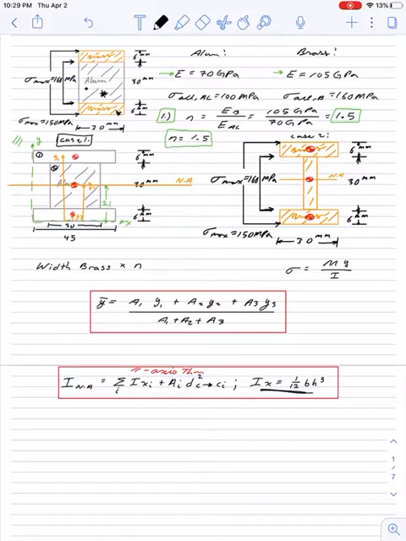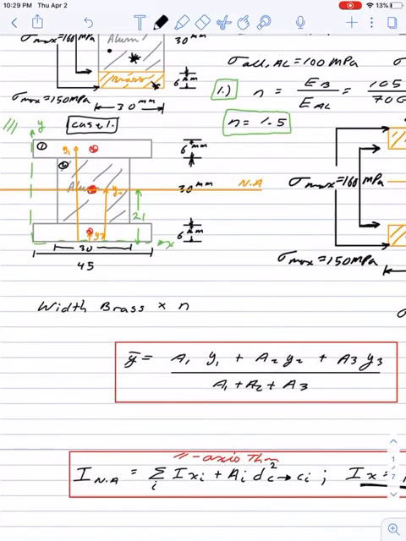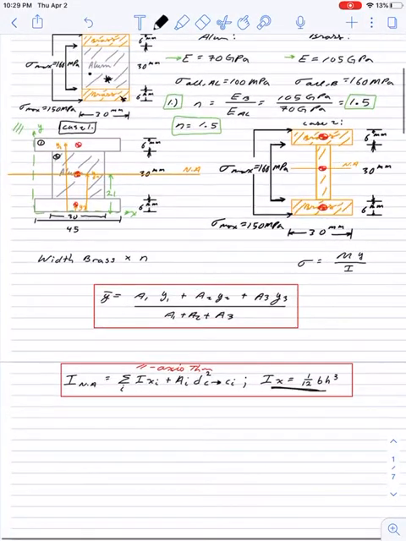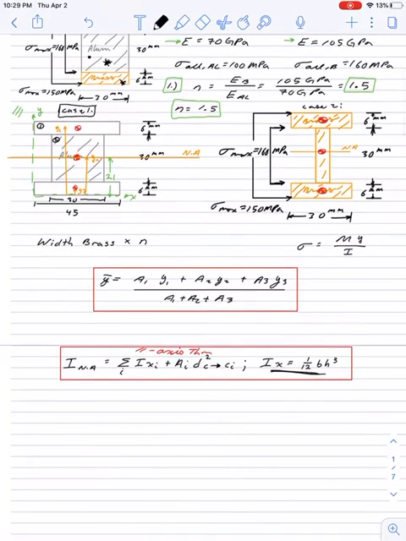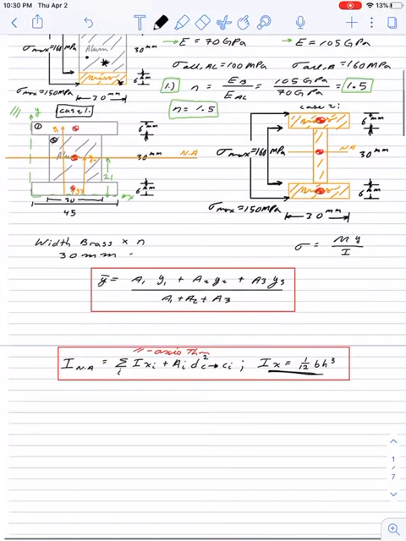First, let's take the width of brass, which is 30 millimeters, and multiply that by 1.5 times the amount of brass, which is the amount we need for aluminum.